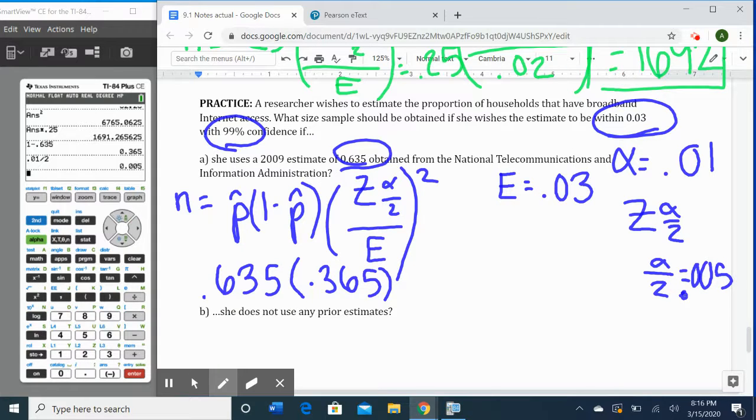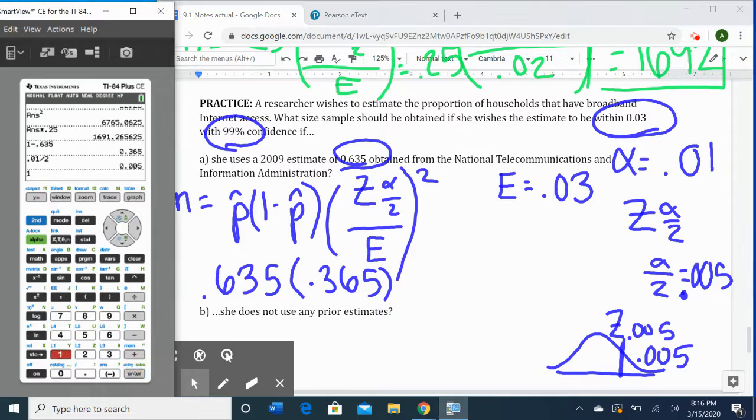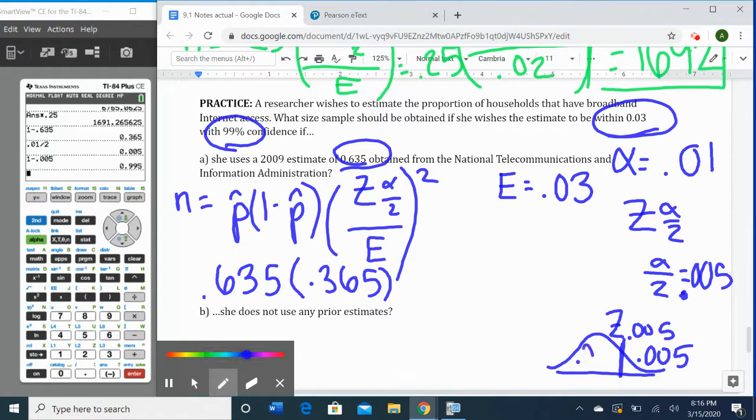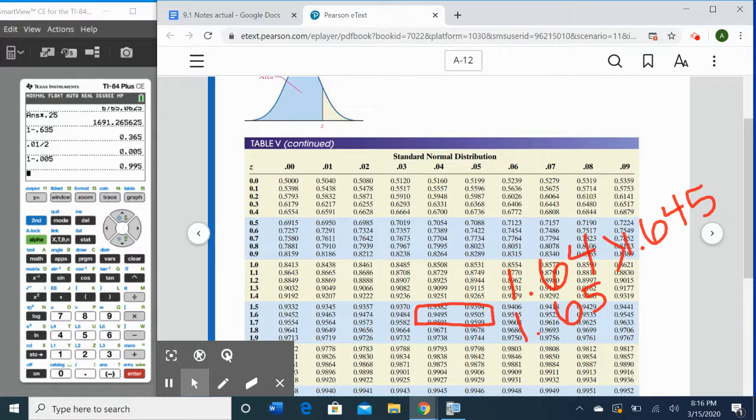And so z sub 0.005 says I want to know the z-score such that the area to the right is 0.005, which means the area to the left is 0.995. So I might have to figure out how to pause this video so that I can find 0.995. Or actually, I'm very lucky because here it is right here.